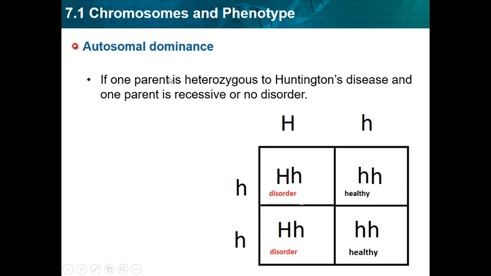Let's try. If one parent is heterozygous for Huntington's disease and another parent is recessive or has no disorder, okay? If one parent doesn't have Huntington's and one parent is heterozygous for the disease, you will have a 50% or 1/2 probability that your child will have Huntington's disease.